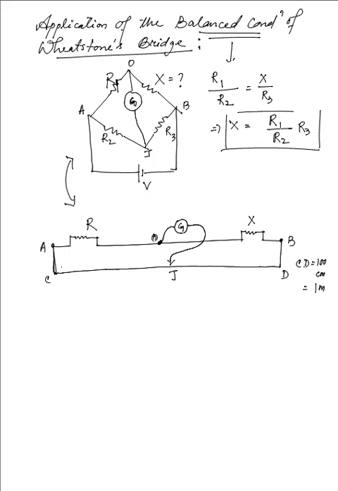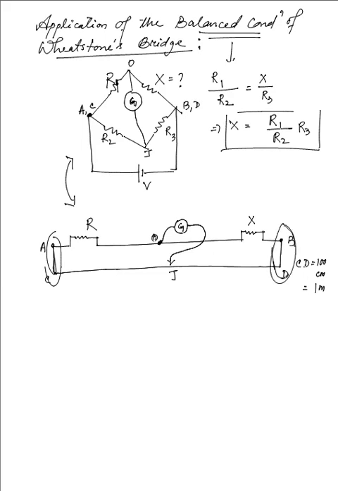Now, the A and C segment that we see over here just remain at the same point, in case of the Wheatstone's bridge that we see over there, so is the case with the points B and D on the other end.